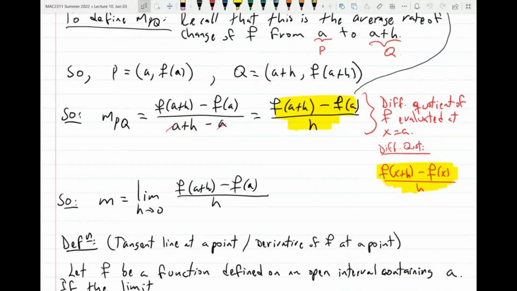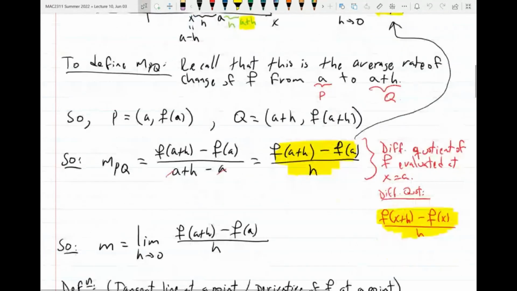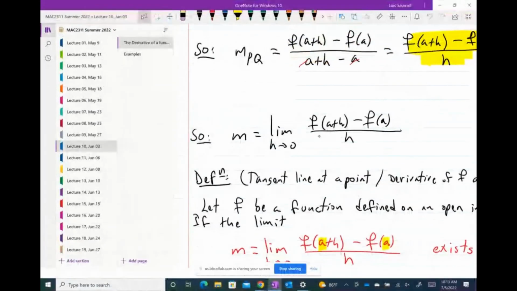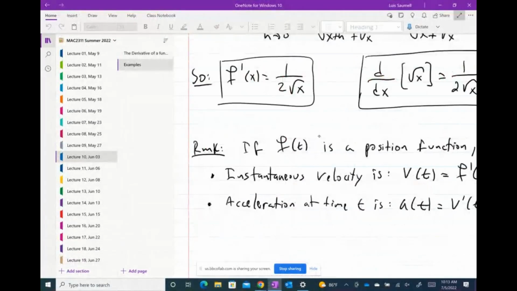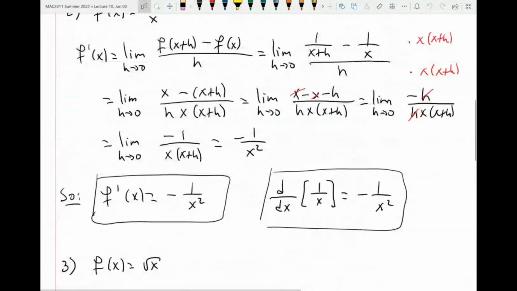That's what you do, and then you take the limit because you want the points to be close to each other. Then you want that h to be very small, so we take the limit as h approaches 0. Okay? But right now, when you're doing problems here, I'll show you the examples. This is the kind of thing that we're going to do now. But I want you to see ahead because you need to understand what it means to simplify a difference quotient.